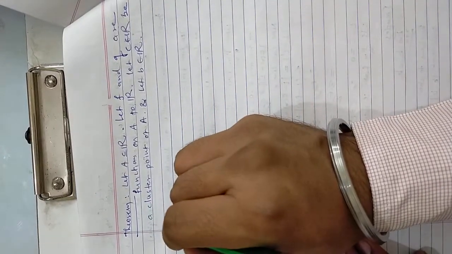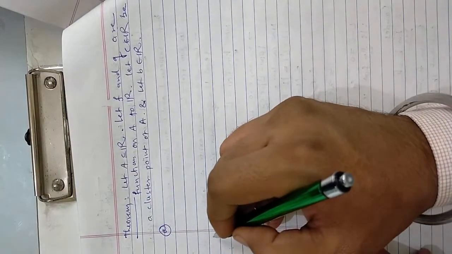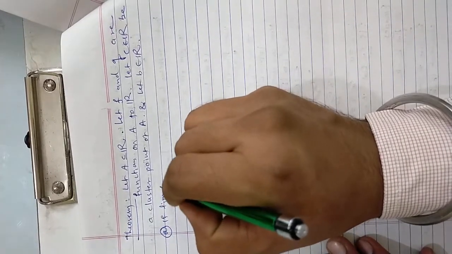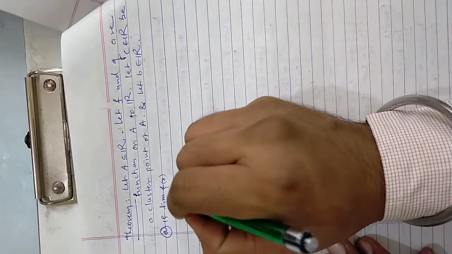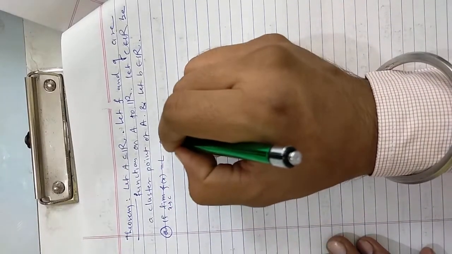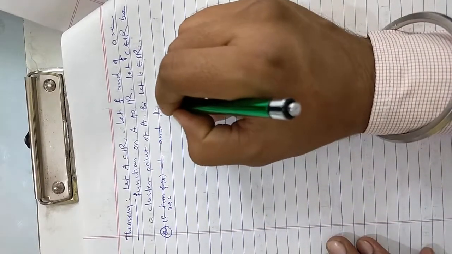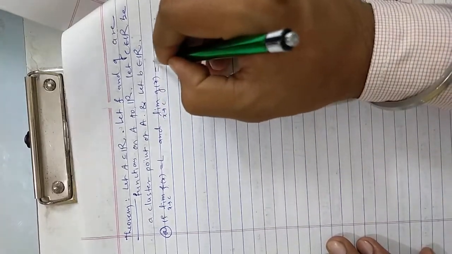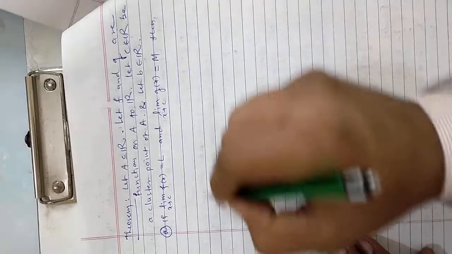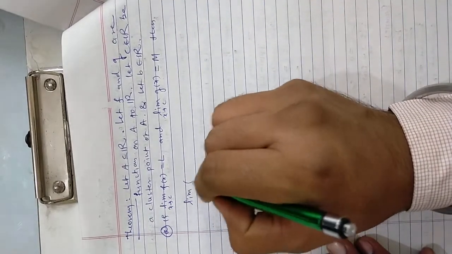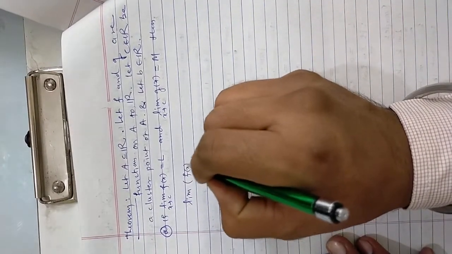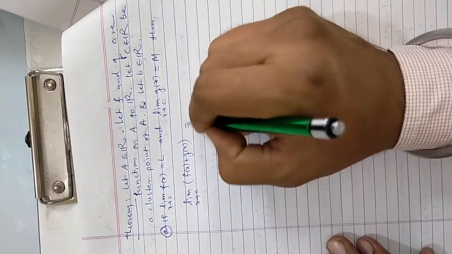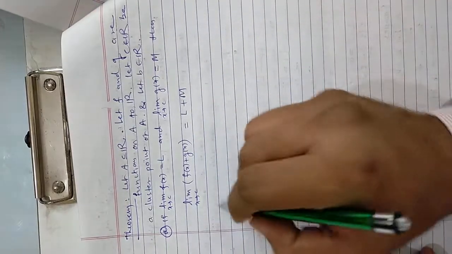So the first result: if limit of f(x) in the neighborhood of point C is L and limit of g(x) in the neighborhood of point C is M, then the limit of f(x) plus g(x) in the neighborhood of C is L plus M. So it is a very easy part.